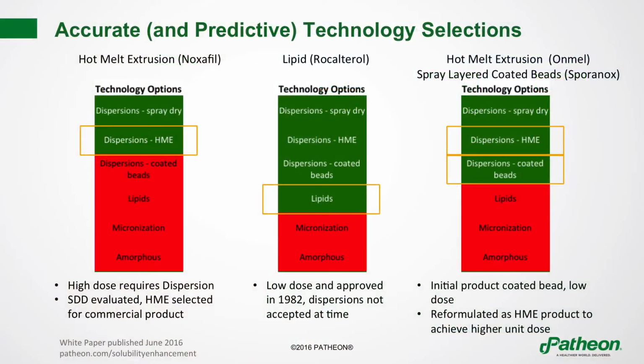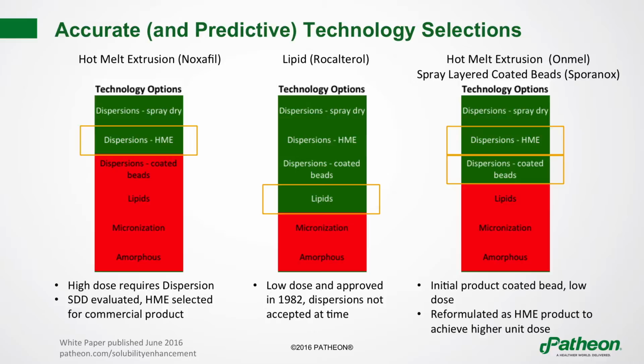For Noxafil, we predicted that dispersions by spray drying or hot melt extrusion would work. The commercially available product is a hot melt extruded product. For rocaterol, we predicted in the middle, the green, that all those technologies have a good probability of working, and indeed lipids is the commercially available technology. For itraconazole, we predicted spray dried dispersions, hot melt extruded dispersions, or coated beads would work.